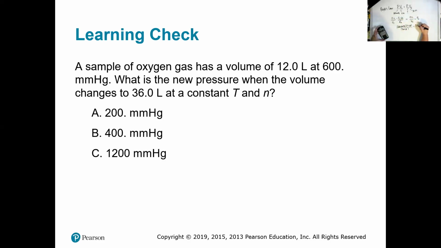And we end up with a pressure of 200 millimeters of mercury. That's going to be our P2 value. Okay, Boyle's law is not too bad.